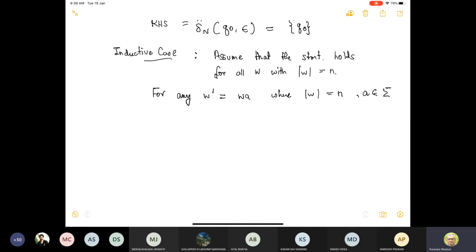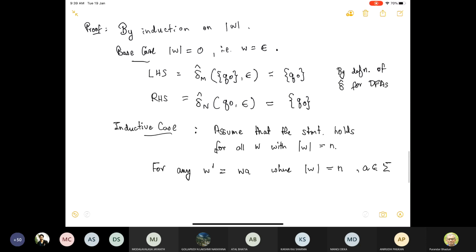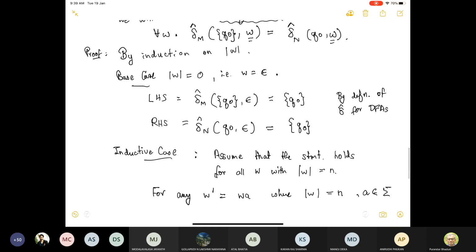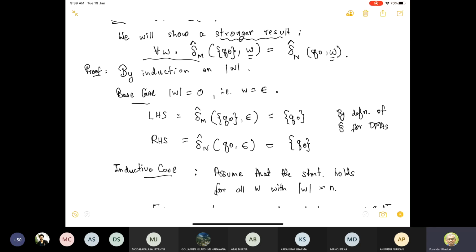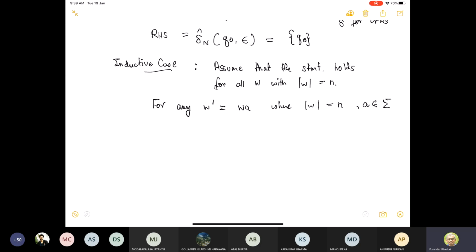So the length of W A is N plus 1. We got to show that both sides are the same, right? So that's what we got to show, assuming that the result holds for W because W is of length N. So this is how we proceed.